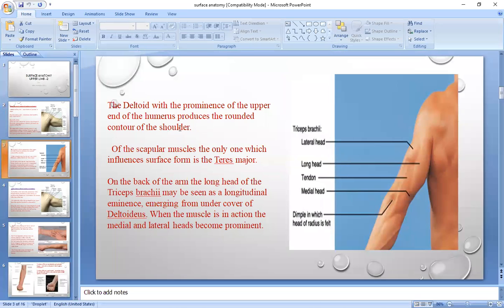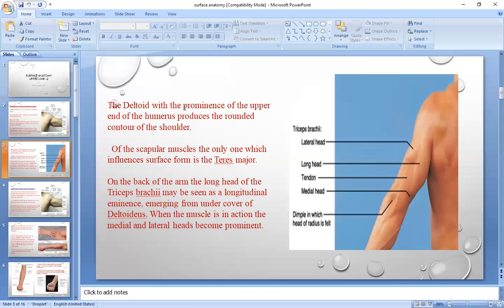Then see deltoid. This is the posterior aspect of the shoulder. I identify clearly the shoulder. The summit of the shoulder gives a rounded appearance. This roundness of the shoulder is because of a muscle. What is that muscle called?